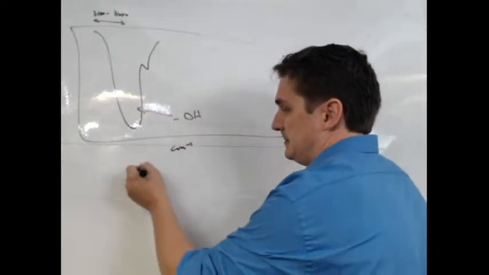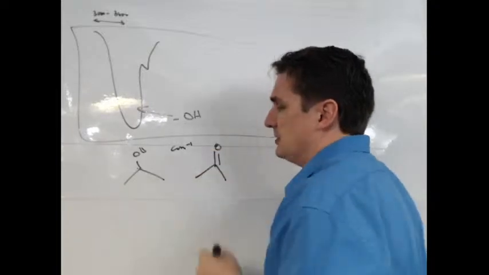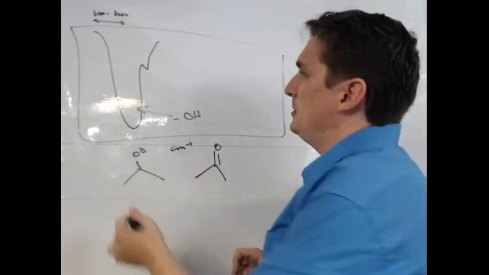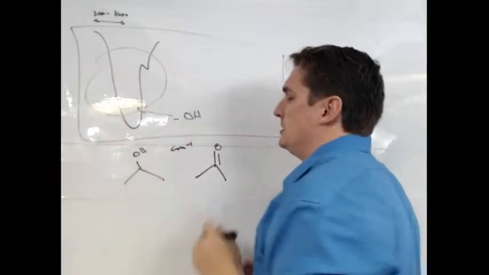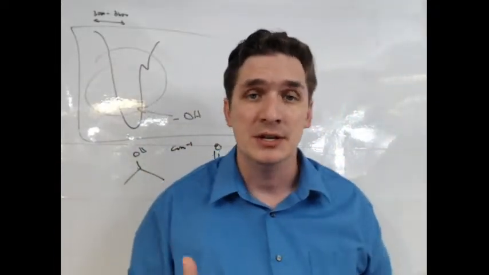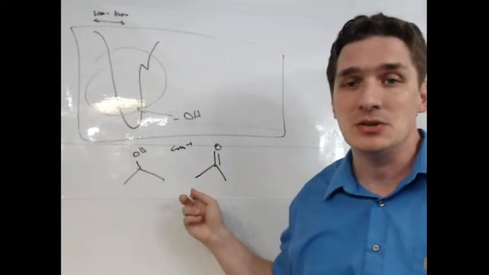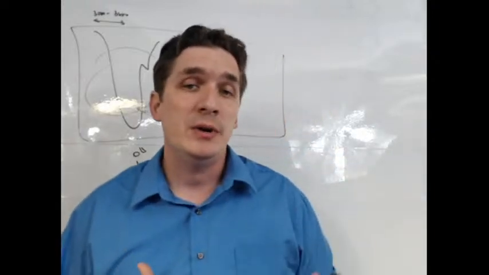So if we want to compare, like, 2-propanol and dimethyl ketone, well, the 2-propanol should have this big peak in it, whereas the ketone does not. So if we look at the infrared spectrum of what we measured, and we see this, we know we isolated the alcohol. If we don't see this, and instead we see the peaks associated with the ketone, then we know we isolated the ketone.